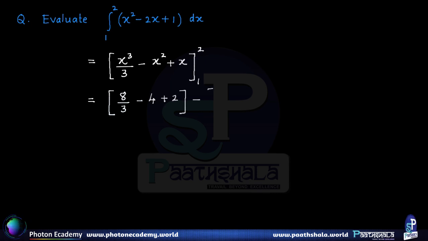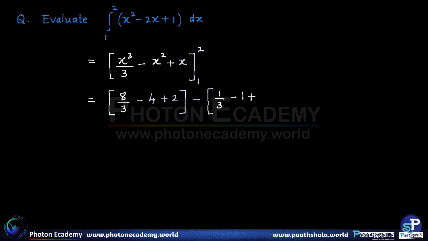And from this we subtract the expression when we put x as the lower limit, that is 1. So that gives us 1 by 3 minus 1 plus 1. So minus 1 plus 1 gets cancelled. So here we have 8 by 3 minus 4 plus 2 is minus 2, and we have minus 1 by 3.